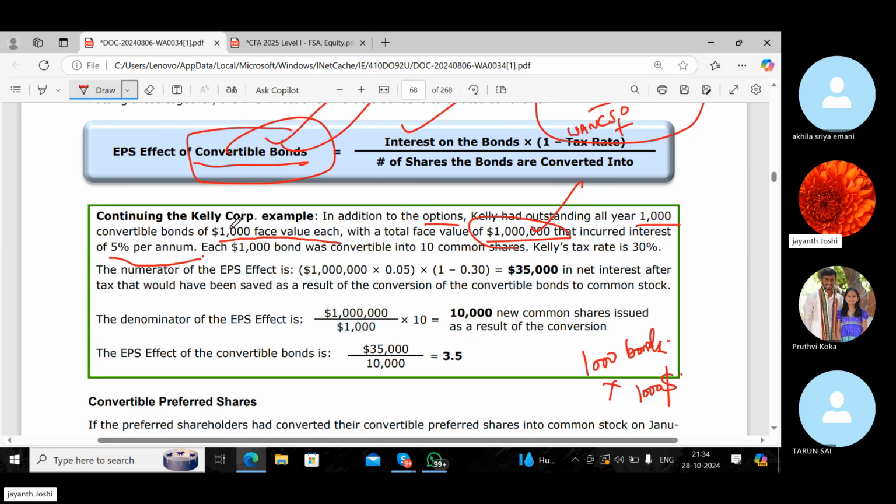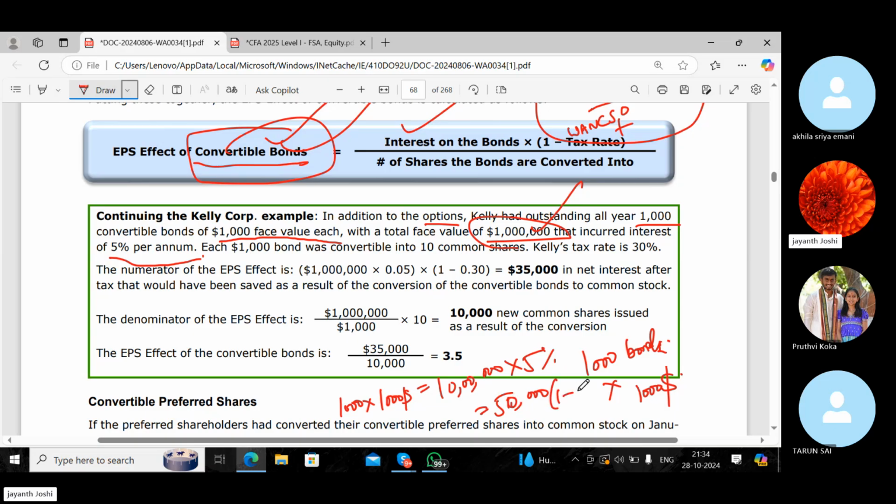So when I calculate the interest, it would be 1,000 into $1,000, which is 1 million or 10 lakhs or whatever, into 5%, which would be $50,000 of interest.